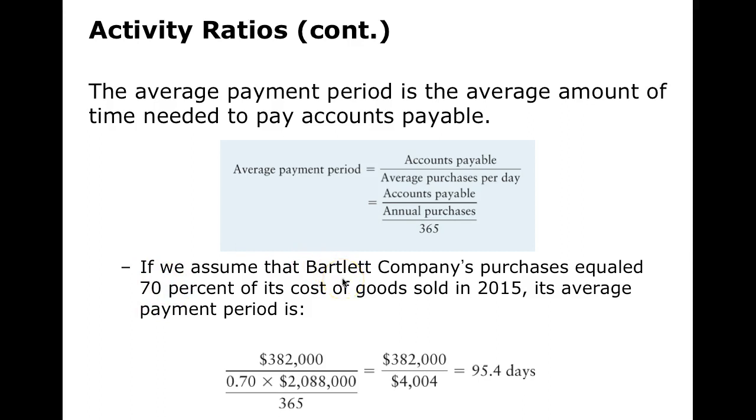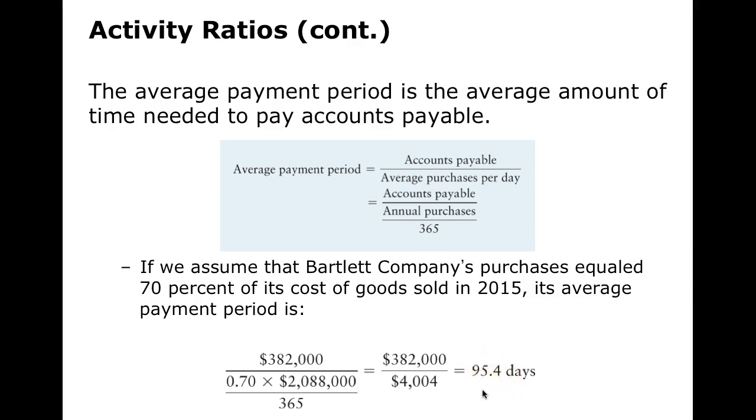The two ingredients in cost of goods sold are materials and labor. So here we assume that 70% of the cost of goods sold is materials. That's why we take 70% of the annual purchases divided by 365, and then we can take the accounts payable divided by 4,000, and we get our average payment period.